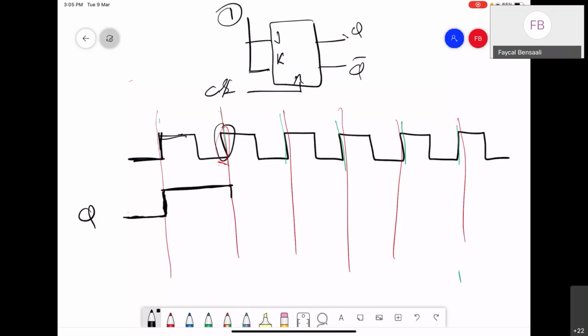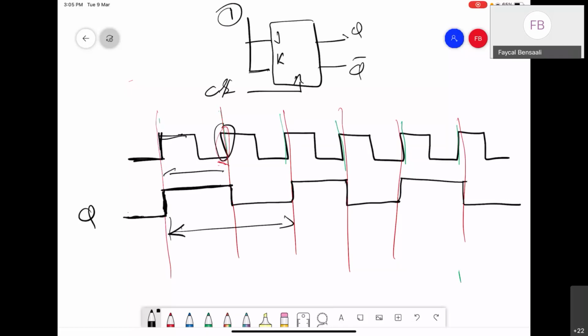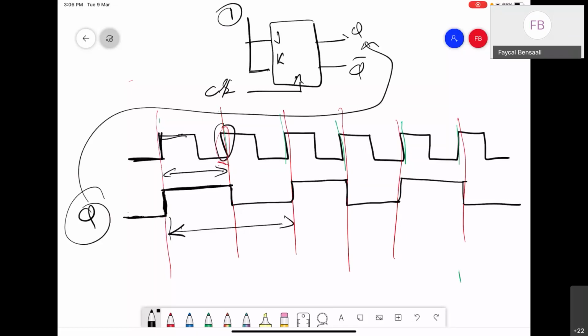Then the opposite: it was 1, it will change to 0. And we'll keep doing this, opposite, opposite, until I finish. So again, do you see it's the same output? The period of this is double that of this one. So the signal that I get on Q has double the period of the original clock.